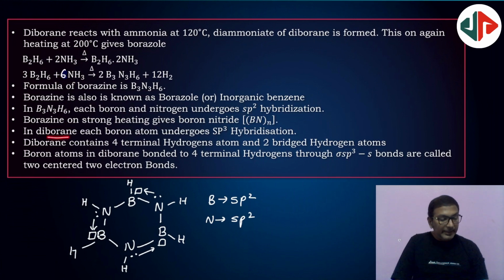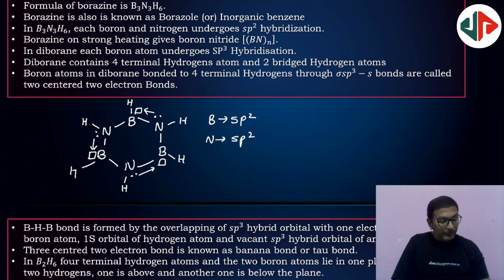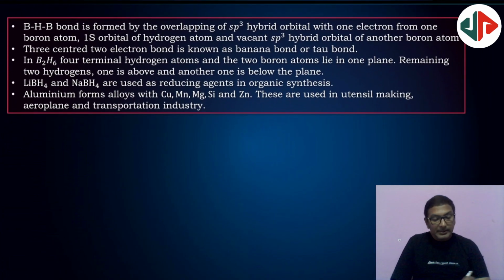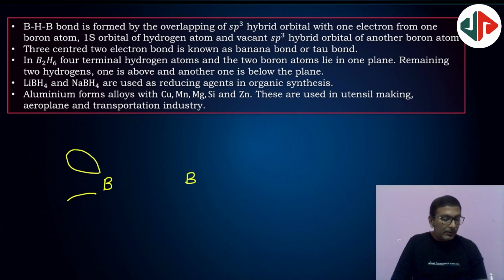Next, in diborane, each boron atom undergoes sp3 hybridization. So I will explain the structure. Yes, the structure will be like this. Each boron is sp3. sp3 means we know 4 hybrid orbitals. So all are sp3, sp3.